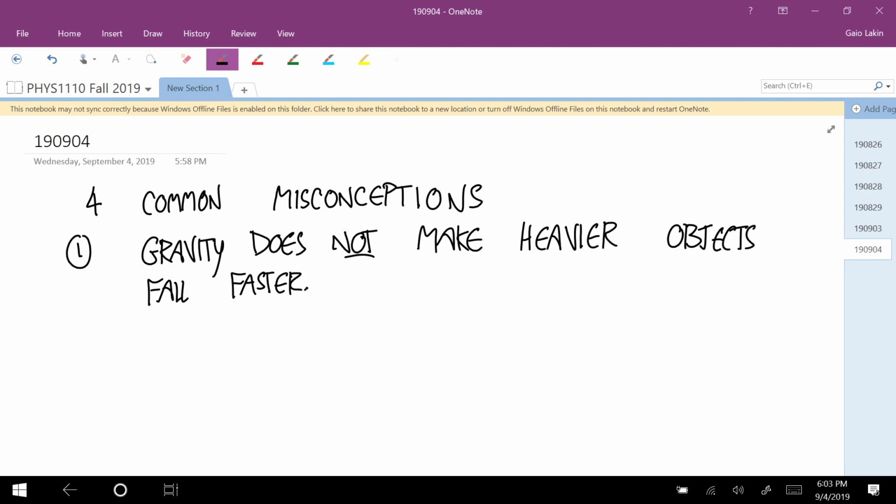So if you shoot a bullet out of a gun horizontally, it still takes the exact same amount of time to hit the ground. It just hits the ground way out of your vision, and that's why that doesn't really resonate with most people.